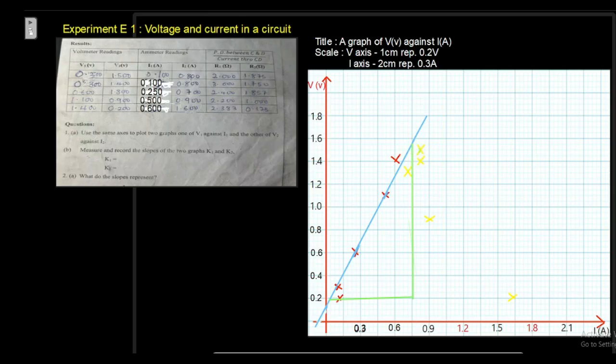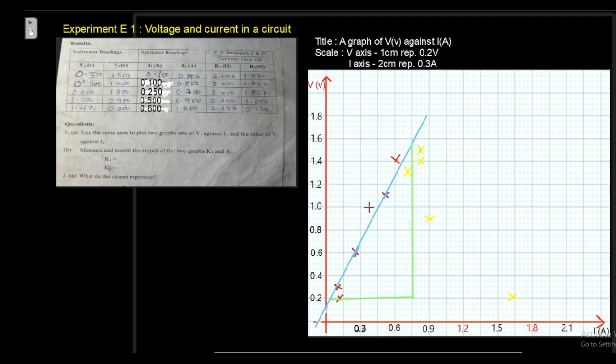The next point we have was 1.4, which is what we have here, 1.4 and 0.8 again. So trace it down again. I will still mark the points. That's what we have here. And then after that, the next one was 1.3, which we calculated to be around here, 1.3 and 0.7.